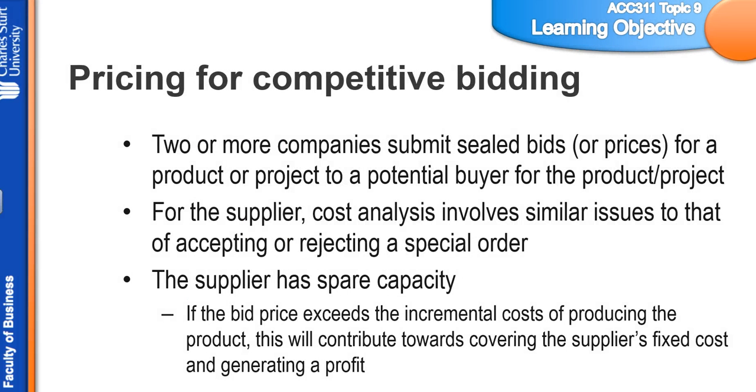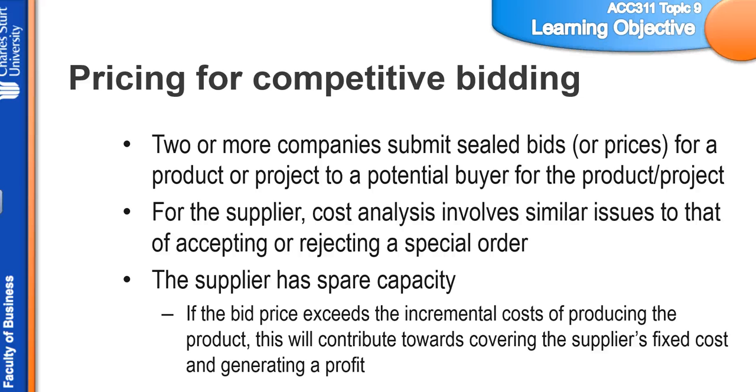When we're looking at pricing for competitive bidding, we've got two or more companies submitting sealed bids or prices for a product or a project to a potential buyer. For the supplier, the cost analysis involves similar issues to that for accepting or rejecting a special order.